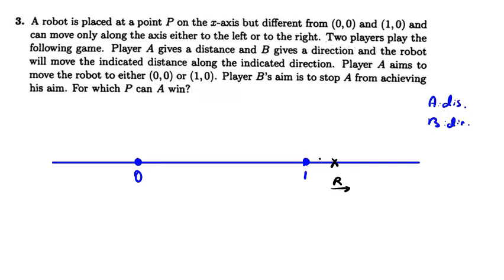So points here, all of them are bad. Also here, B will say left, and always it goes left, left, and can't reach 0 or 1. Also here, right, right. So all these points are bad. And the point is different from 0 and from 1; we consider the x-axis.